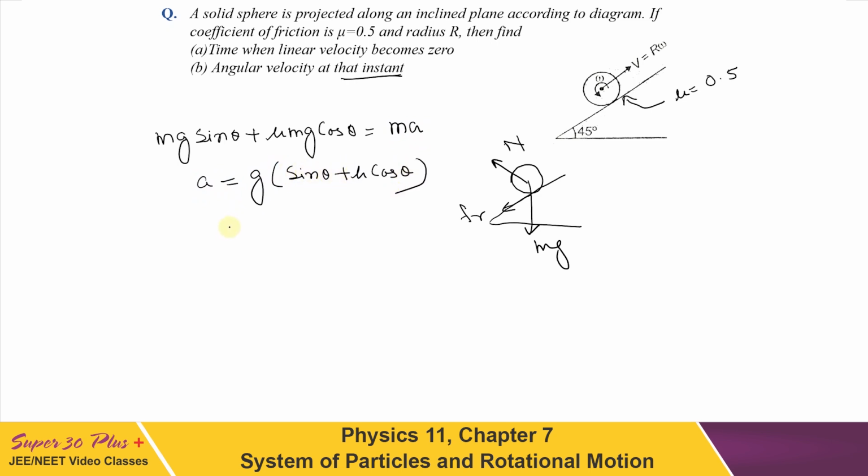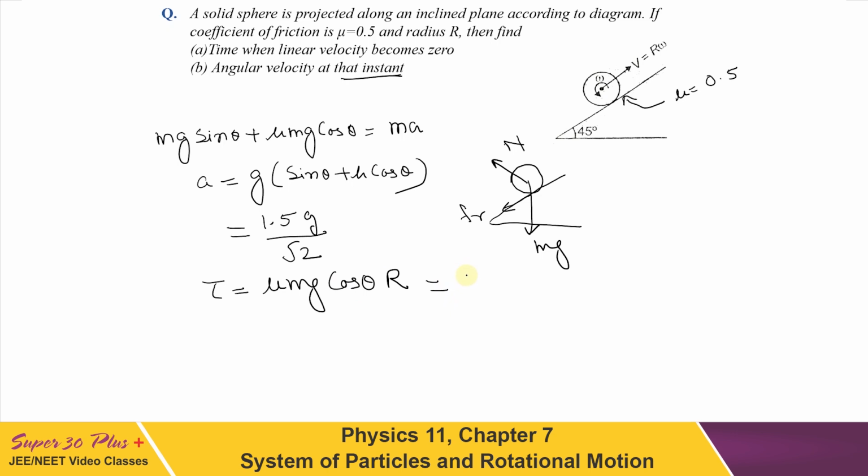If I substitute all the numerical values, this will come out to be 1.5g/√2. Now let us write torque. Torque we can write only for friction, because mg and N both are passing through the center of mass. So torque of friction will be, of course, μmg cos θ into r, and that has to be equal to Iα.